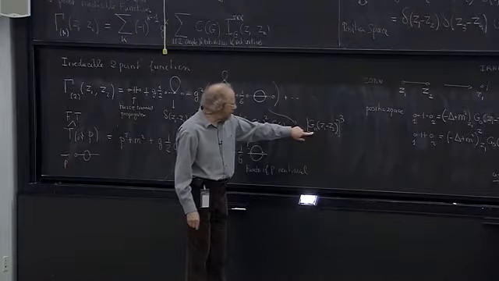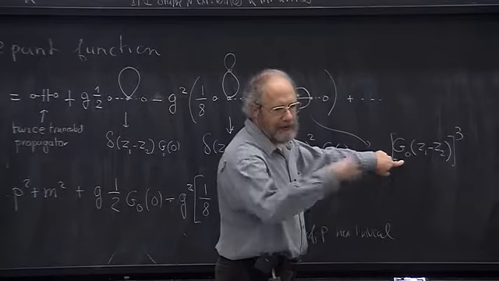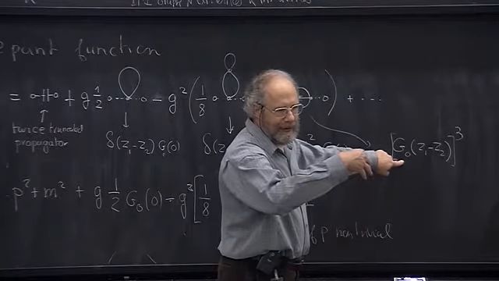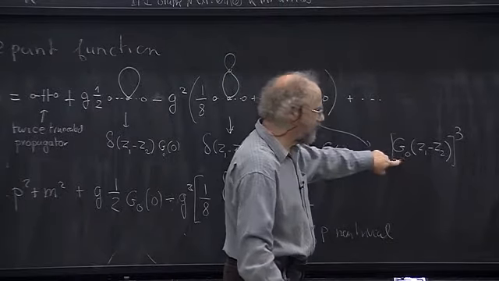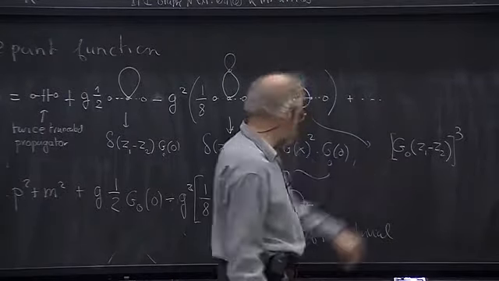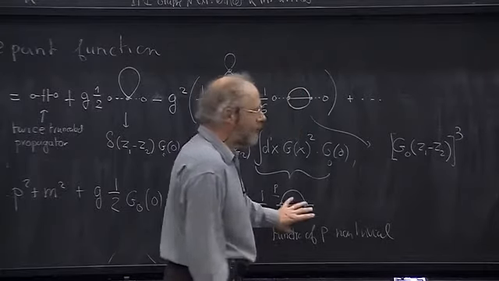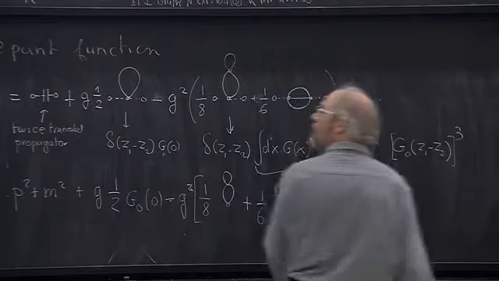And the propagator in momentum space is 1/(p squared plus m squared). So it's a convolution of 3 propagators, the Fourier transform of the product of 3 functions of 1/(p squared plus m squared). So this is a function of p which is interesting and non-trivial.